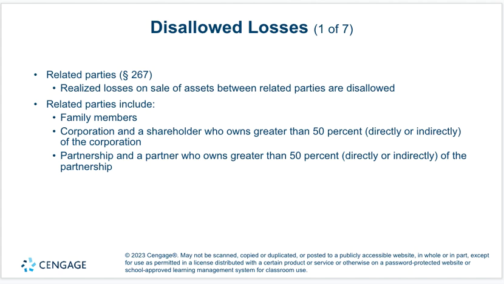Related parties include family members, a corporation and a shareholder who owns more than 50%, directly or indirectly, indirectly meaning like they own a corporation that owns a corporation, where it's not as direct, or a partnership and a partner who owns more than 50% of the partnership.